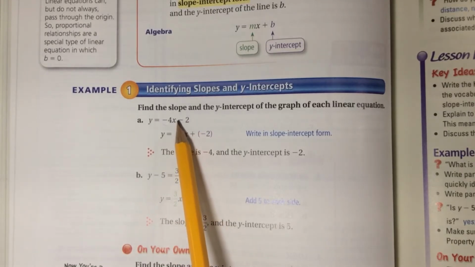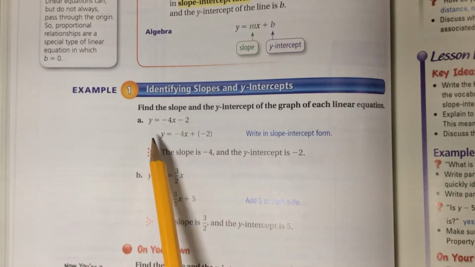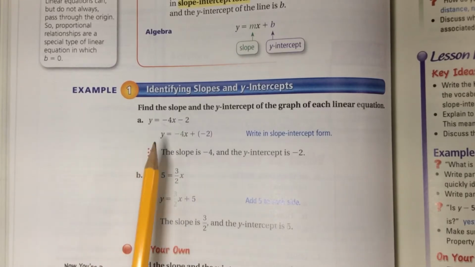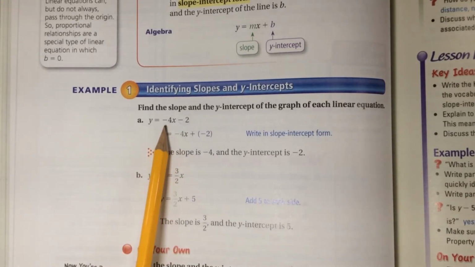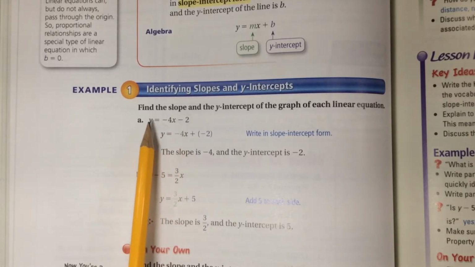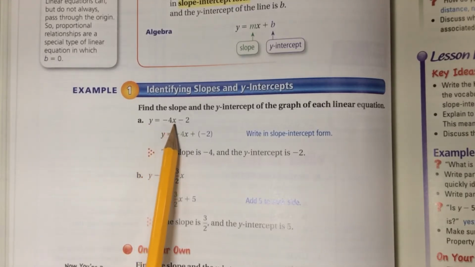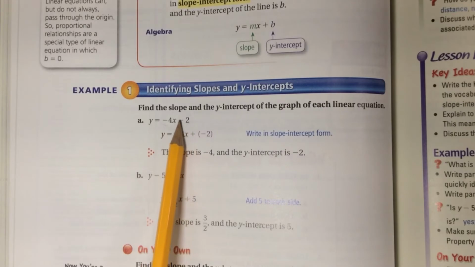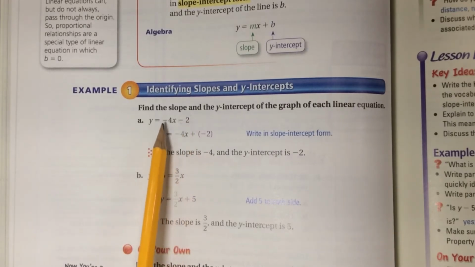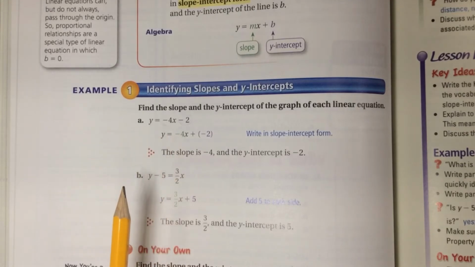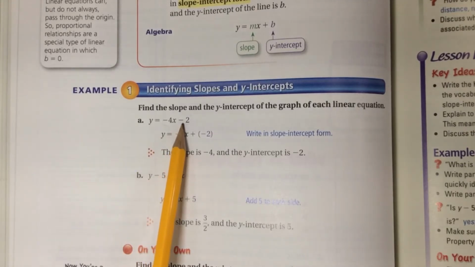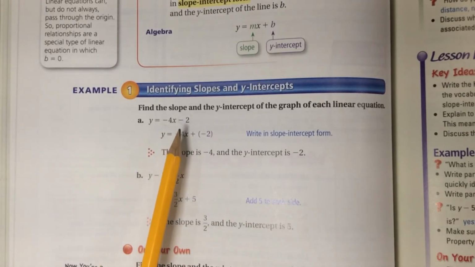It's the constant that follows our x term. So when it asks for the slope, we can just look right here. Our slope is -4. That's our coefficient of the x term, or y equals mx plus b. So the slope here is -4, and our y-intercept would be -2. Okay, not 2, but -2.